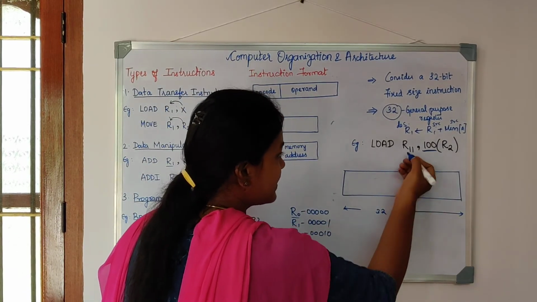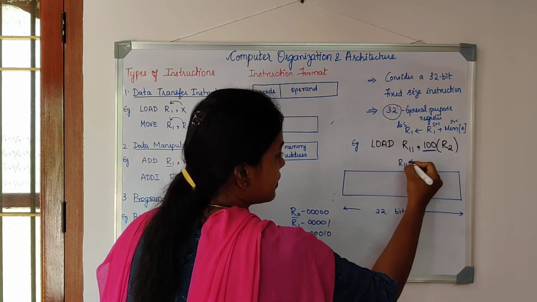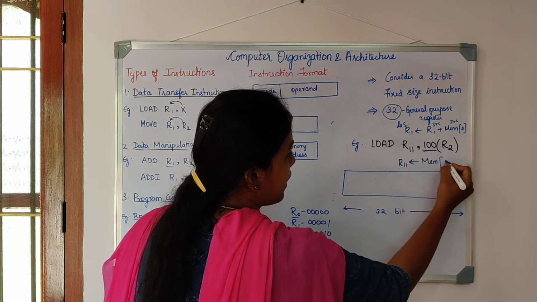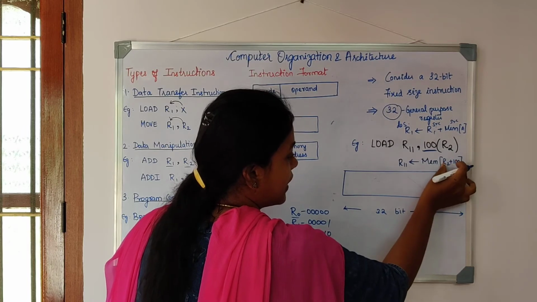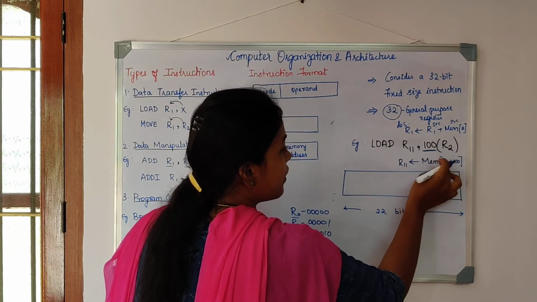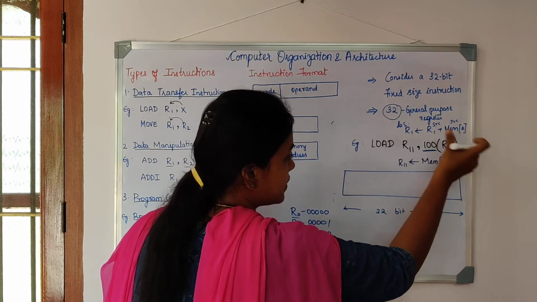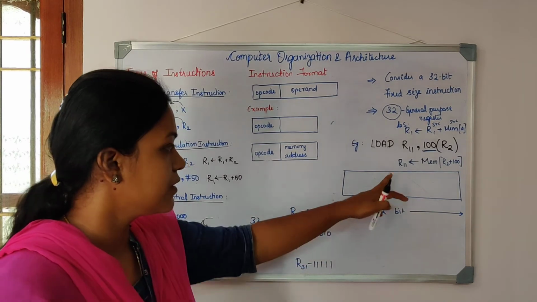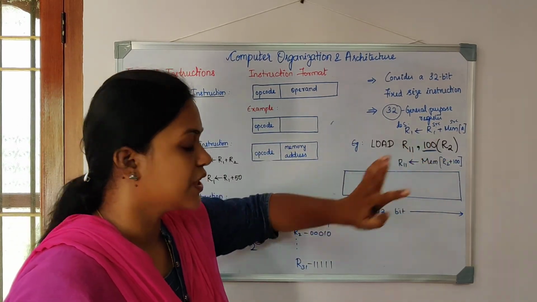So what happens here is that R2 will first be added with this 100, and the value will be taken from memory. The value at the location R2 plus 100 will be taken and loaded into the register R11. This is the operation mentioned here.